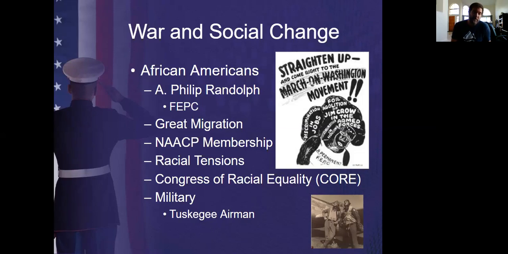Many people were opposed. There were actually scientists who sat in front of Congress and testified that essentially the Black brain was incapable of understanding difficult concepts like aerodynamics, that at higher altitudes they absorbed less oxygen, and therefore they would not be able to be successful pilots. And yet the experiment went on nonetheless.